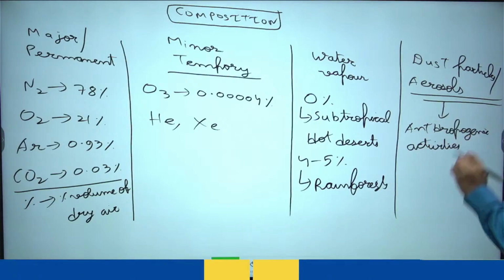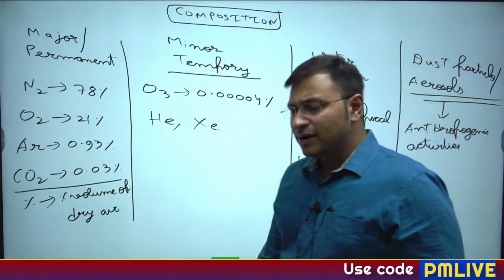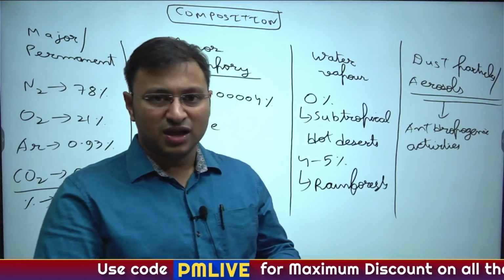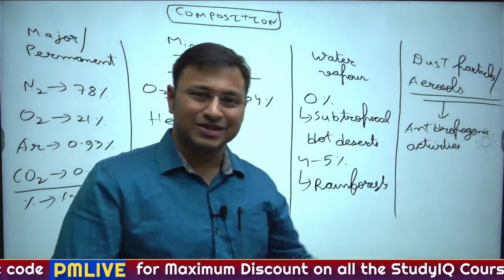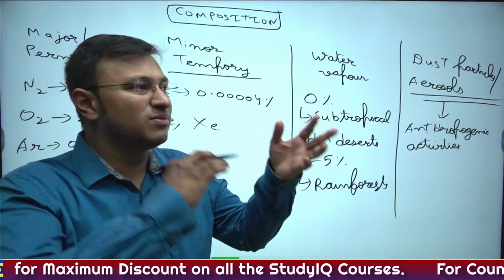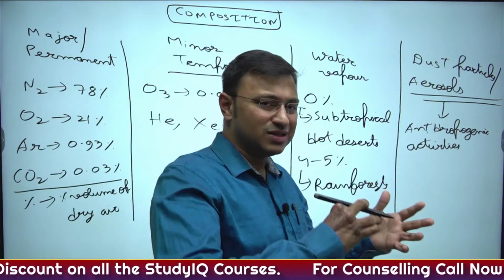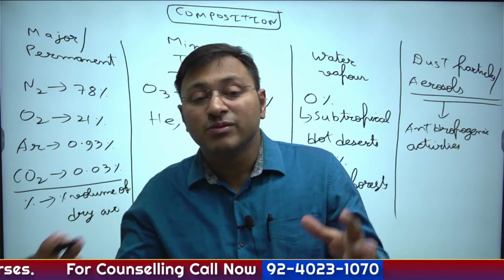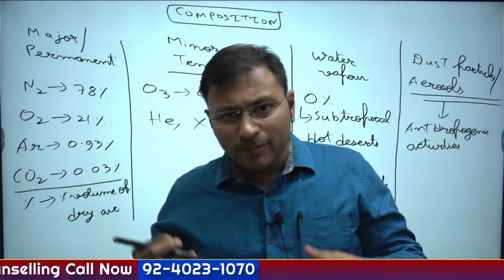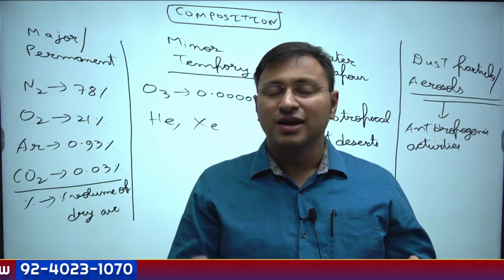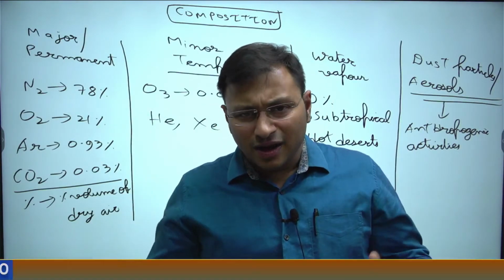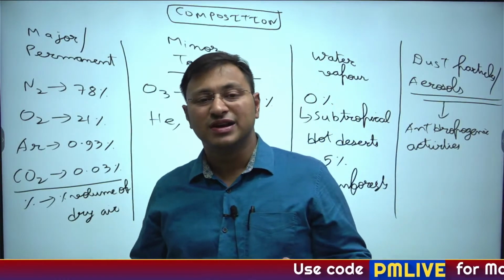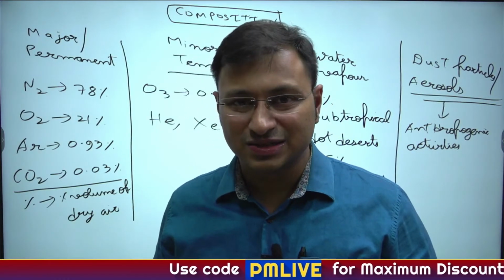Anthropogenic activities meaning that when I'm talking about the dust particles and aerosols, the more the level of industrialization, the more the level of urbanization, the more these gases, the more the particulate matter PM 2.5, PM 10 will be concentrated. So more PM 2.5, sorry, PM 10, meaning the more the diffusion, the more the scattering of the atmospheric light, the more the scattering of the sun's rays.